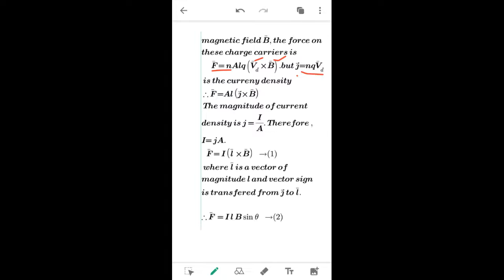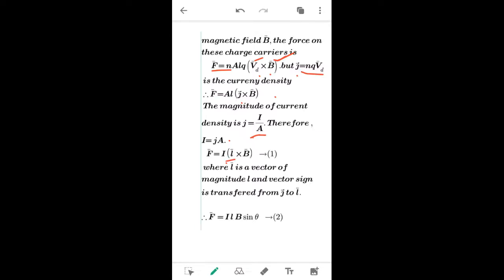We substitute nqVd here as J, so the equation becomes F vector equal to AL into J cross B. Now J is the ratio of current to the cross-section area of the conductor, so current I equals J into A. Therefore F is equal to I into L cross B.